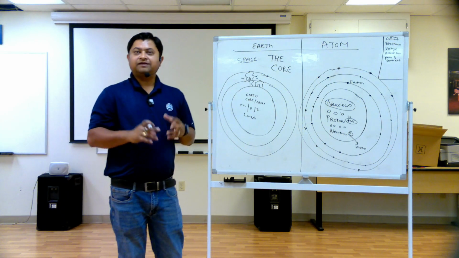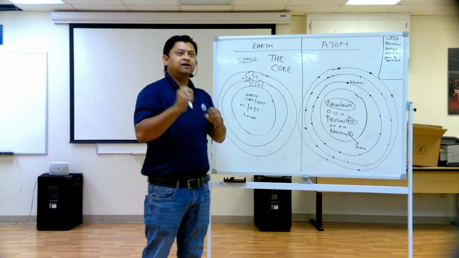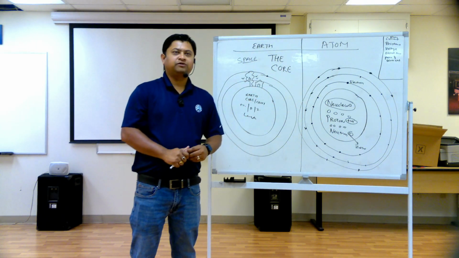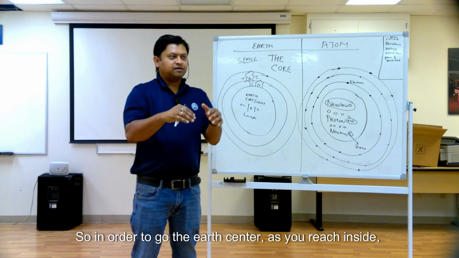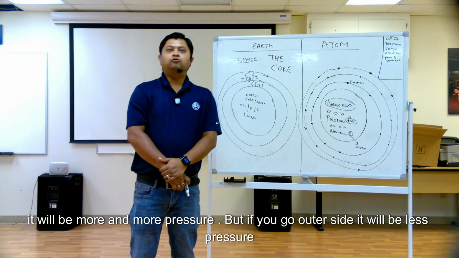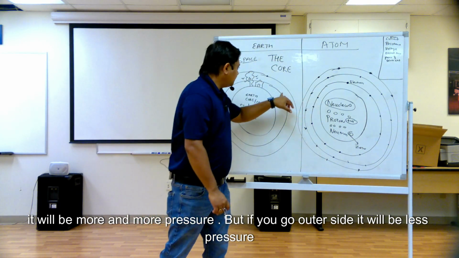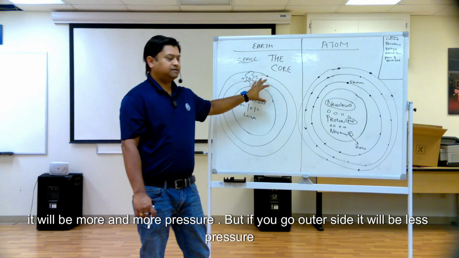So they built a machine which will dig into the Earth, go to the core and put some nuclear bomb there so that the lava can start. As you reach inside, there will be more and more pressure.